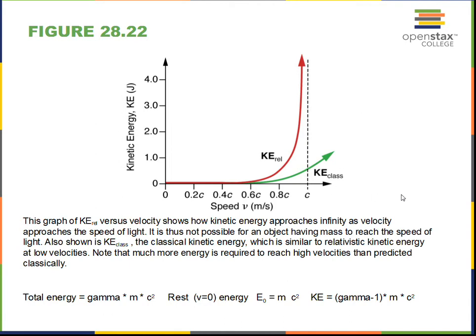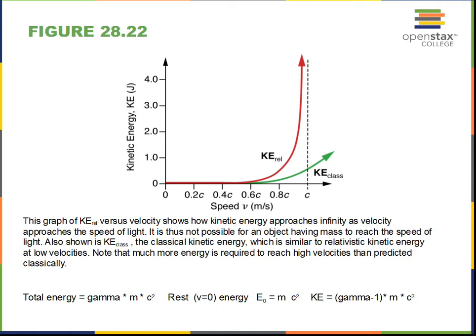So with that, I'm going to stop. You should, of course, be reading the textbook and your reading guide. We've talked about how to add velocities. We must include a correction factor in the denominator, 1 plus the velocity of the frame of reference times the velocity of the object in that frame divided by c squared.